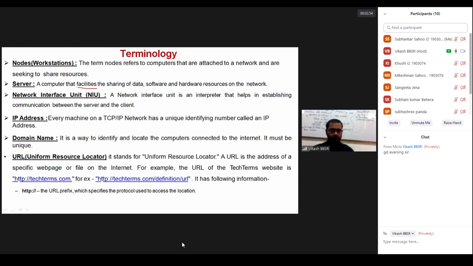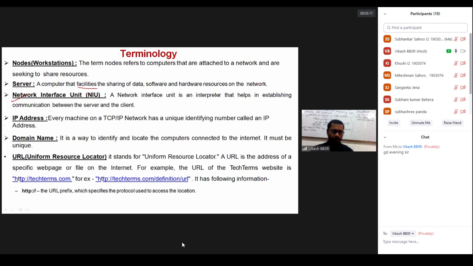In order to share all these resources, we require some storage space, and that is called the server, where we can share all these things. Next, the network interface, through which we will connect.